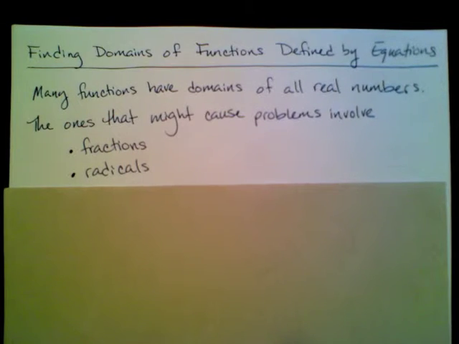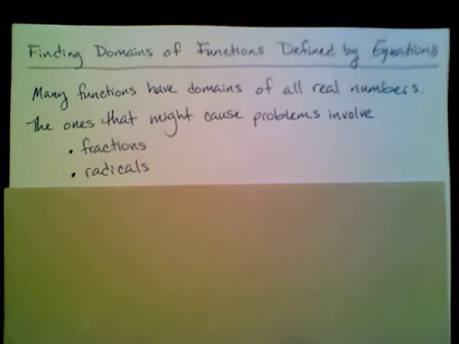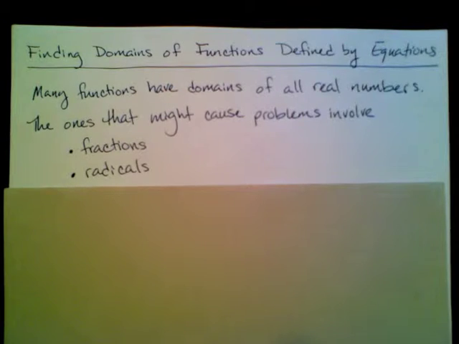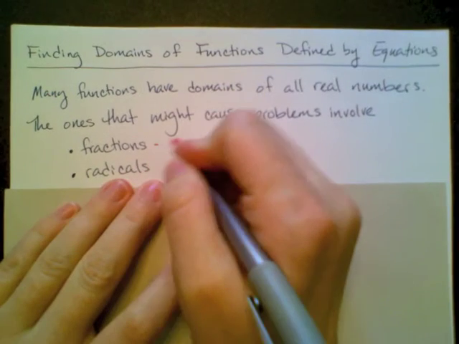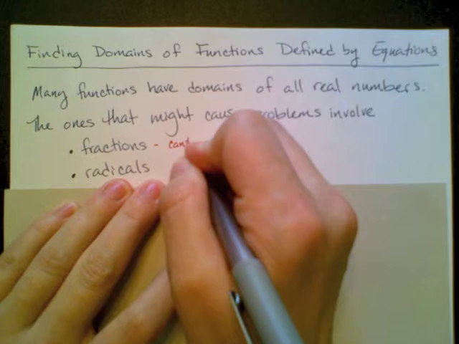And if we have a radical, that is something like a square root. Cube root is also a radical, fourth root, any root is a radical. The thing we have to remember with radicals is that you cannot have a negative in the radicand of an even root. So let's actually write that down. Fractions can't have 0 in the denominator.